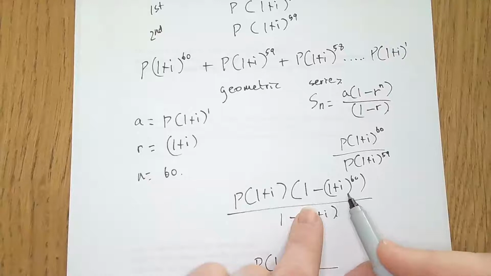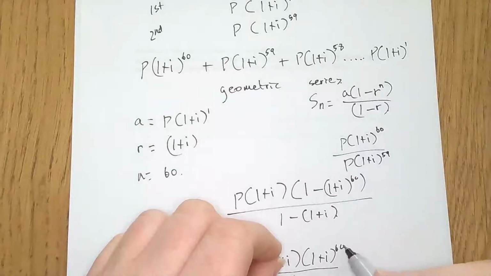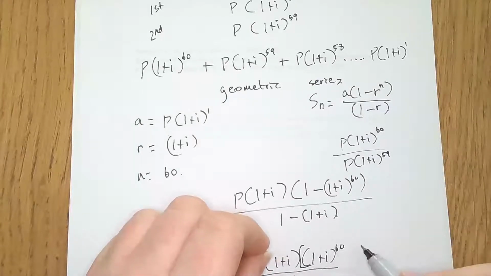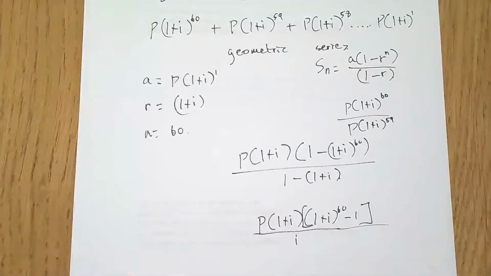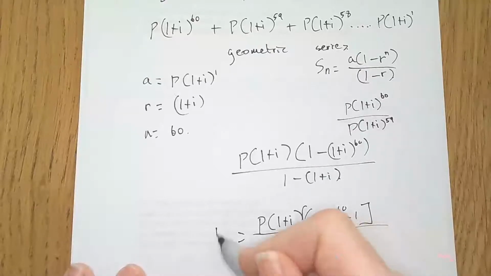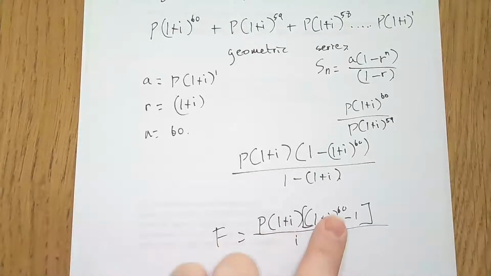I'm going to have 1 plus i to the power of 60 minus 1. So that's my formula. So that gives you the final amount for any starting amount of money put in for n amount of years.